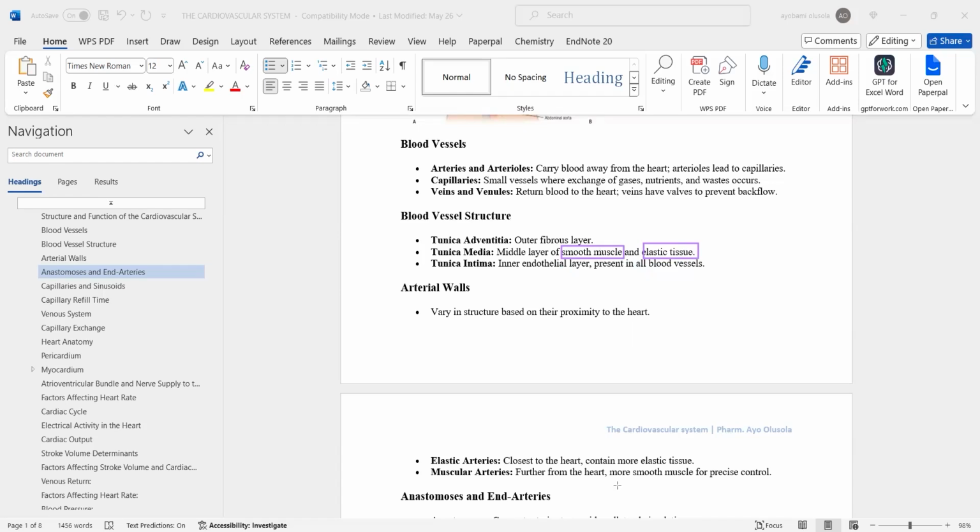Then the arteries that are far from the heart contain more smooth muscle than elastic tissue.